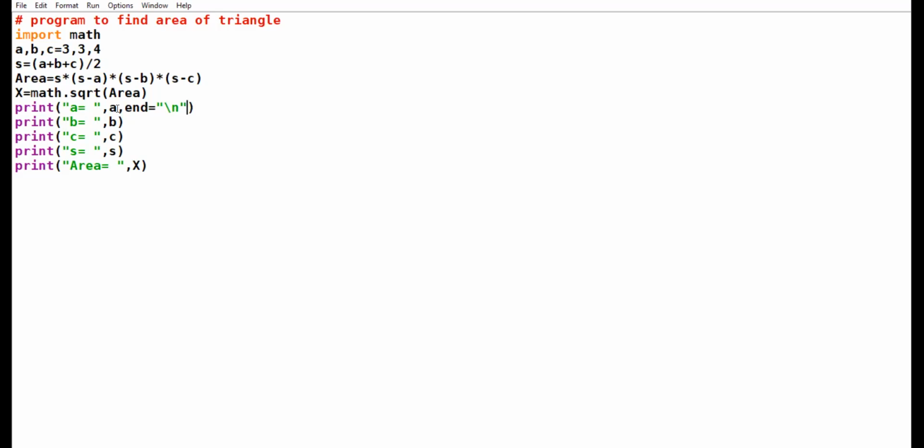If you are not taking this end parameter, no problem. By default \n will be automatically inserted at the end of the line by the print function, right? Am I clear up till here? If I am clear, raise your hand, then I'll proceed to the next part.